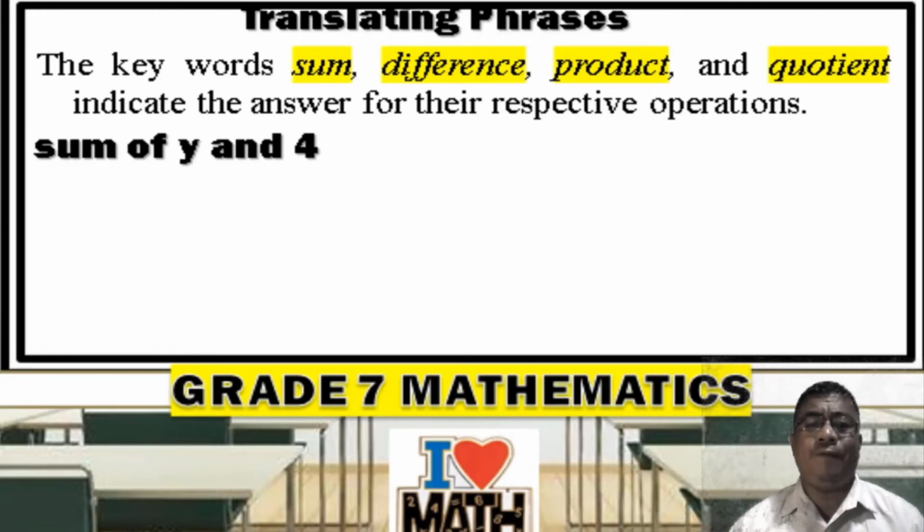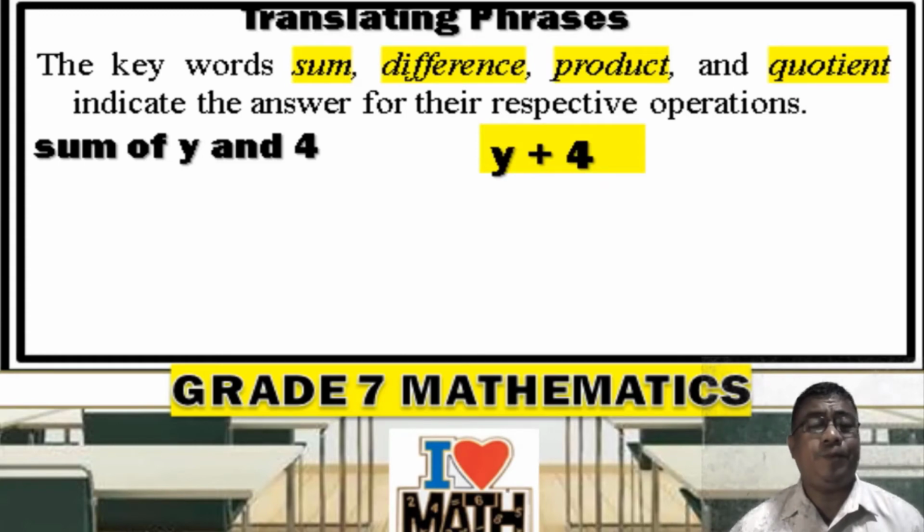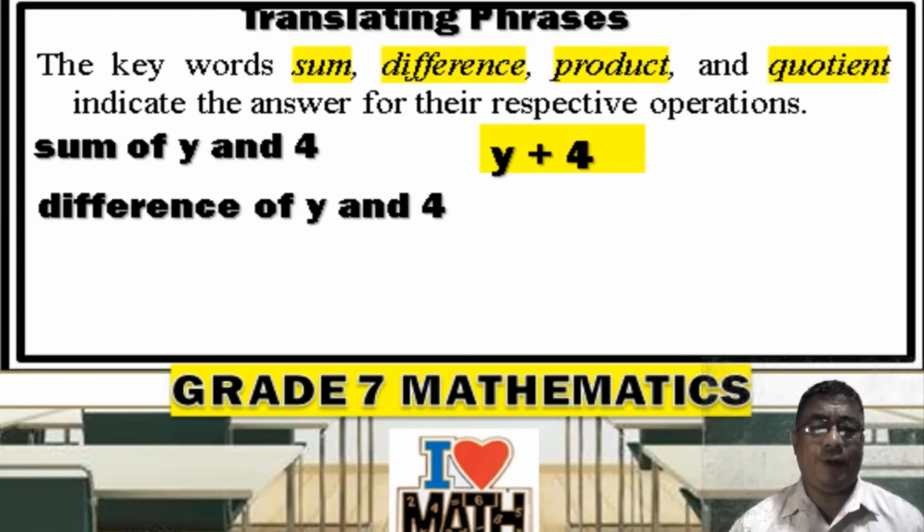Sum of y and 4. When we talk about sum, we simply have the addition operation. So we have y plus 4. Difference of y and 4. Again, when we talk about difference, we simply have the subtraction operation. So we have y minus 4.